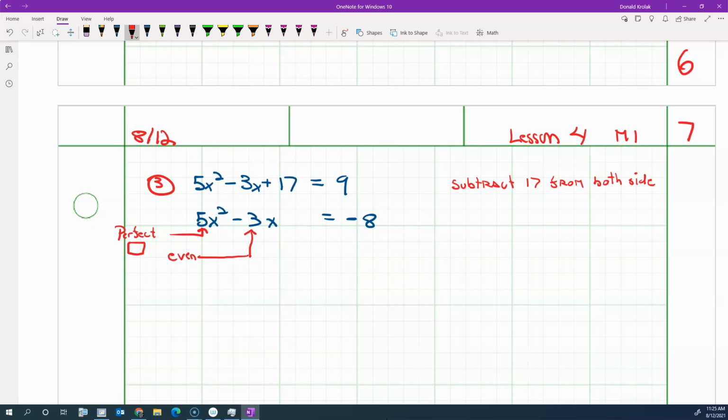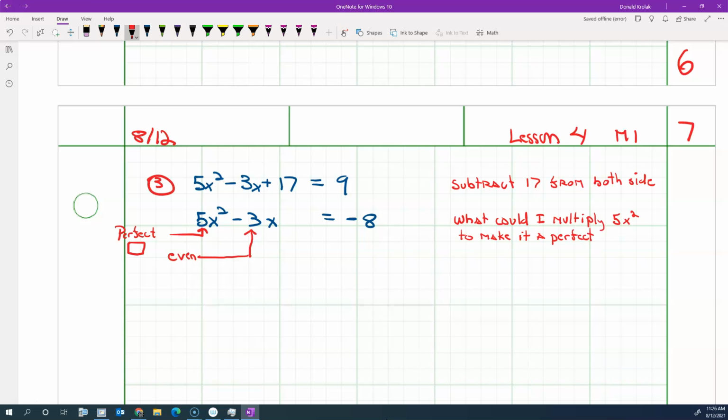Okay, so now what you want to think is, what could I multiply 5 by? Yes. 4? Okay, let's see. What could I multiply 5x squared by to make it a perfect square? 2? Well, if I multiply it by 2, it would be 10x squared. 5.